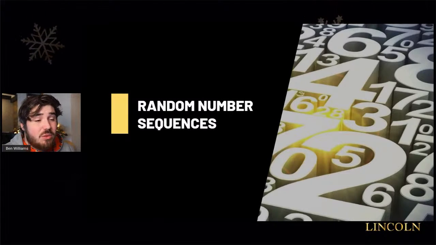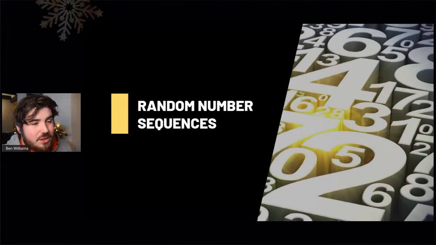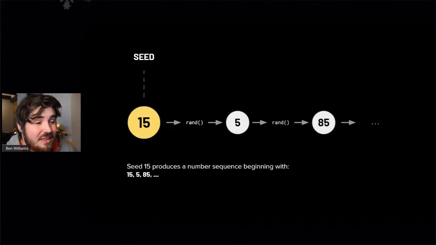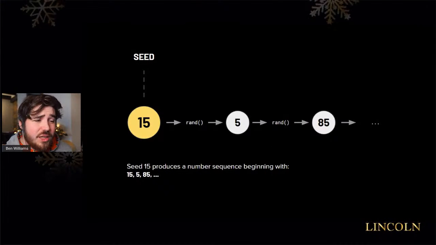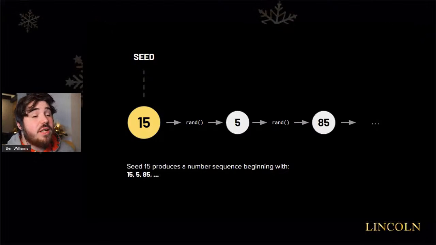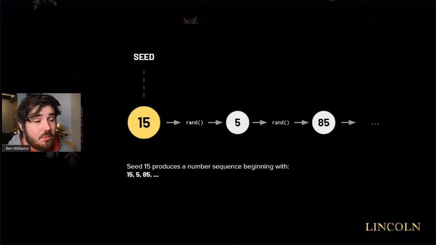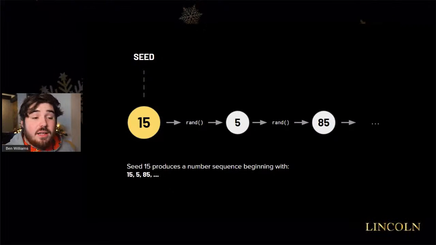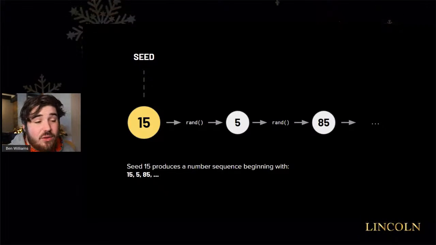The next thing to talk about is random number sequences, and I'll quickly go through this because I realize we're getting close to the time, but that's okay. So for a given seed, 15 for example, if we call rand to generate a random number, we might get the answer 5 out. And if we call random again, we might get 85 out.